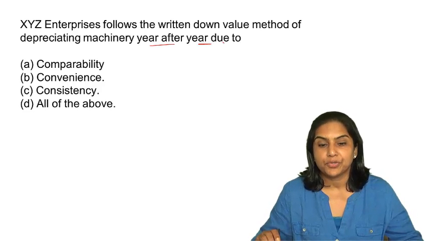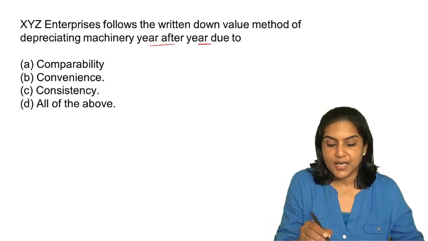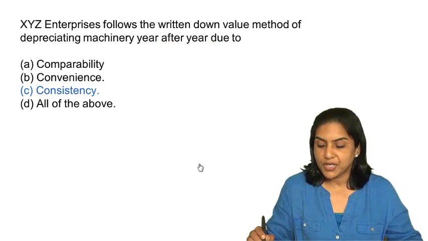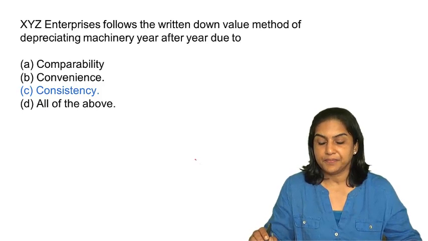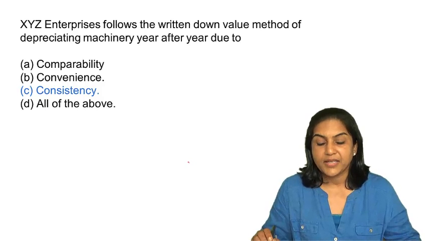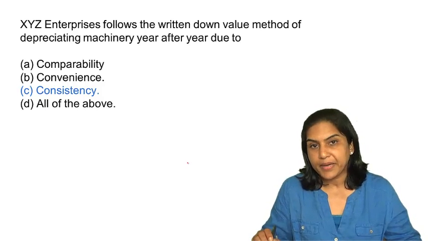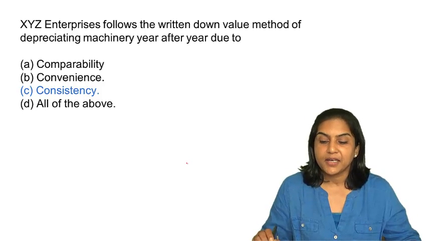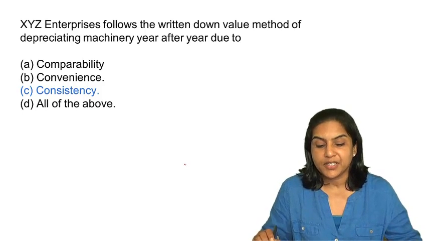It is followed due to consistency. Option C, consistency. As a result of that, it becomes comparable. It is probably convenient, but it is done following year after year. It's done due to the concept of consistency.